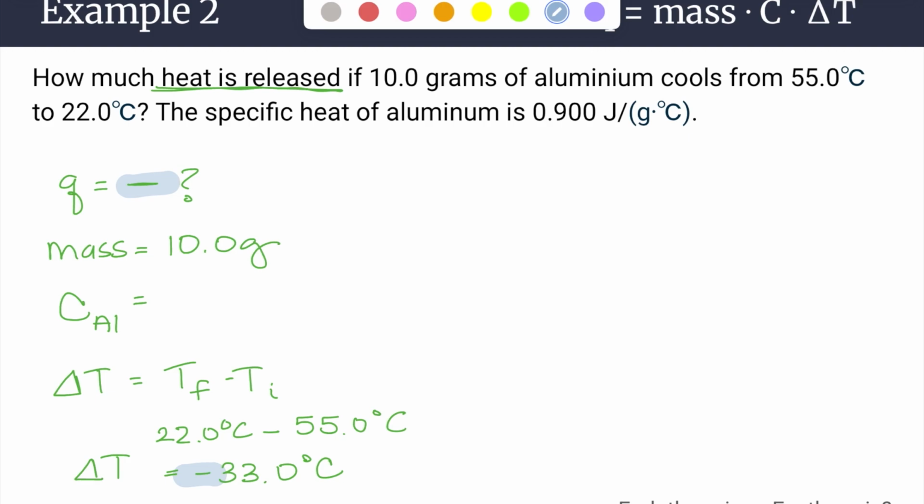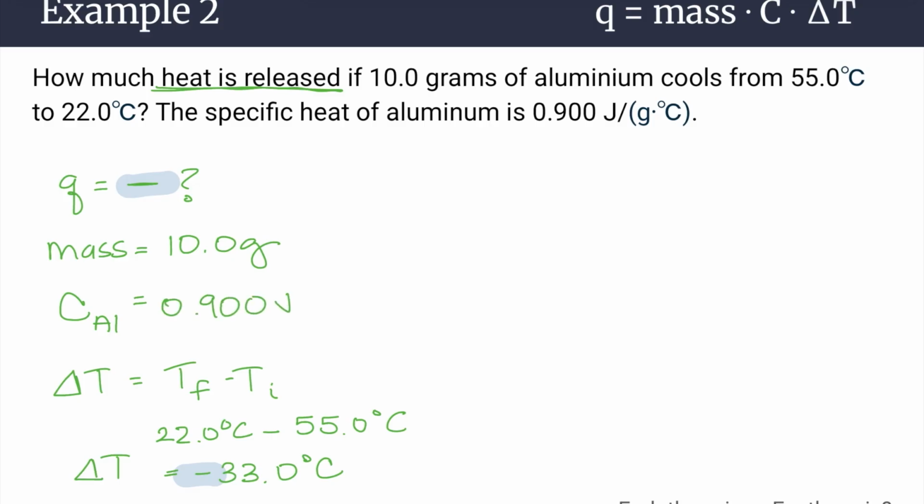Is it moving in or out through this process? And then that aluminum, we were provided the specific heat. And we can see that we've got grams, degrees Celsius. Our answer is going to be in joules because that is the energy unit in our constant, and then we can go and plug these into our formula.